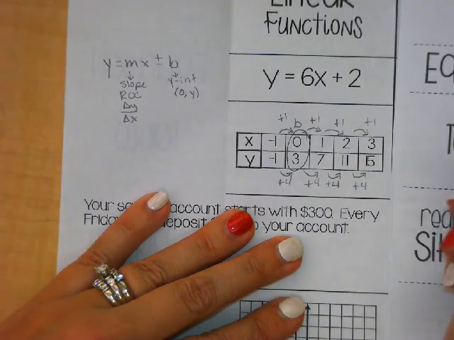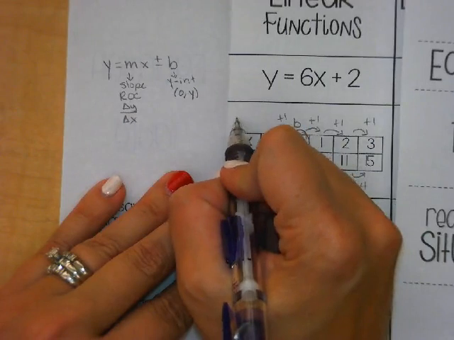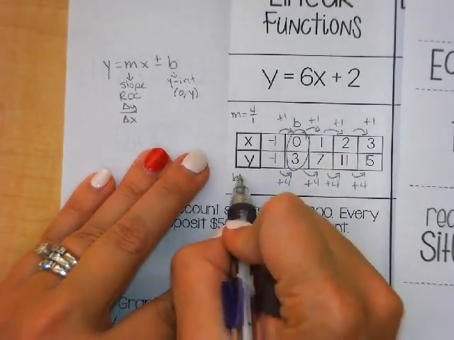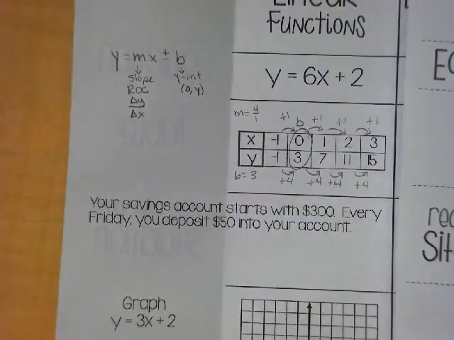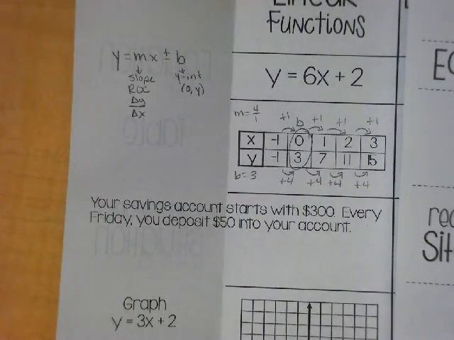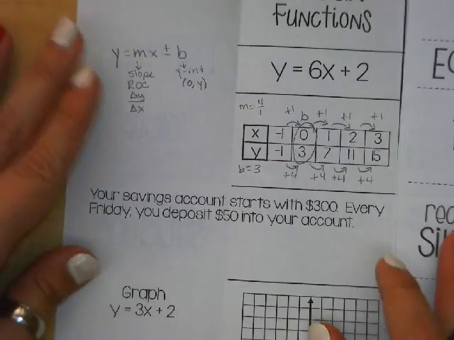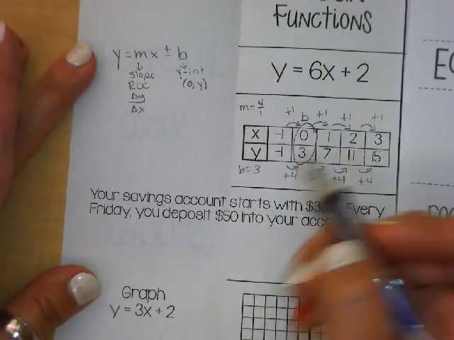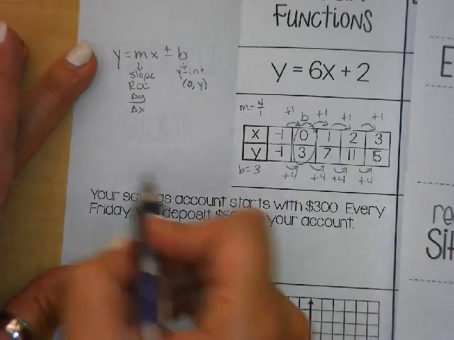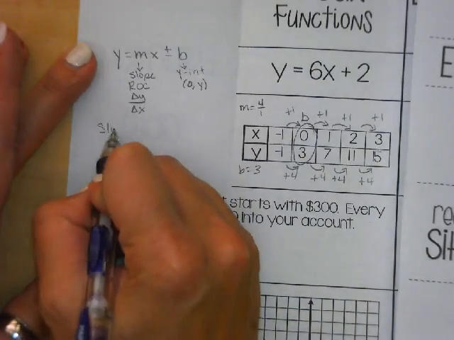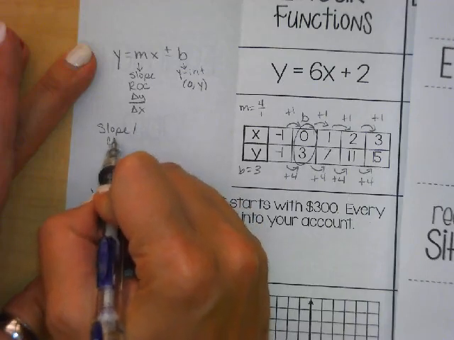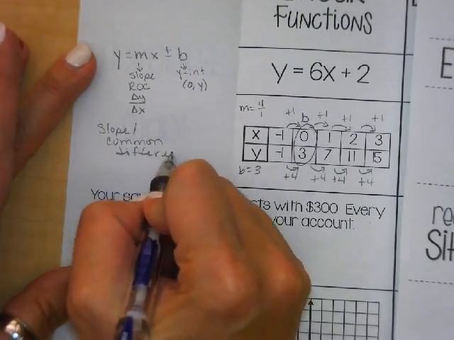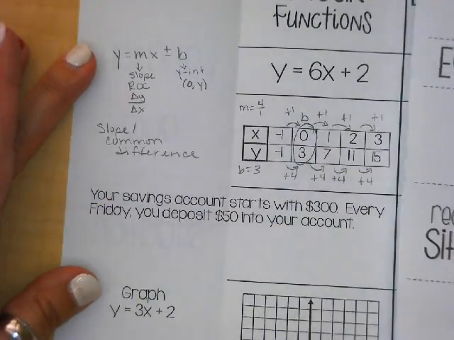So we could say our slope is 4 over 1, our b is 3. When we were talking about sequences this last go around though, we didn't use the word slope, we used common difference. Keep in mind that those can be interchanged. The only difference is if you are starting with 0 versus 1.